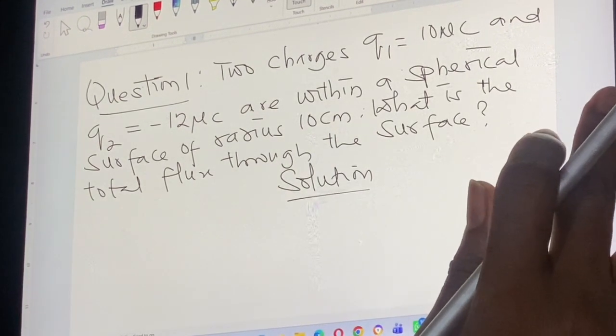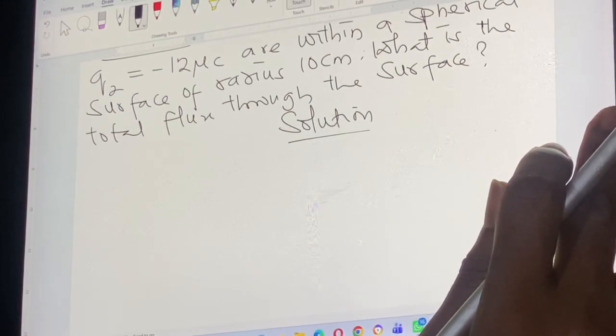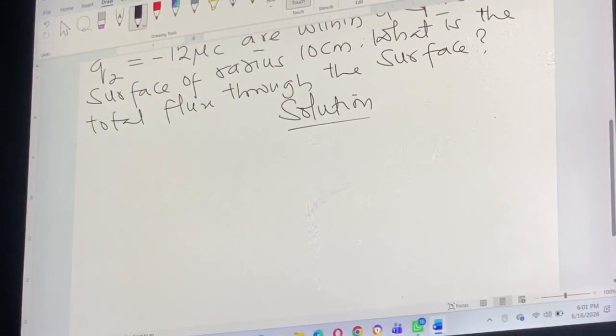Before we solve this question here, this is what you have to understand here, that whenever you are asked to find electric flux, the law to apply is Gauss' law. Whenever you're asked to find electric flux, the mathematical law to apply is Gauss' law. Please take note of that.